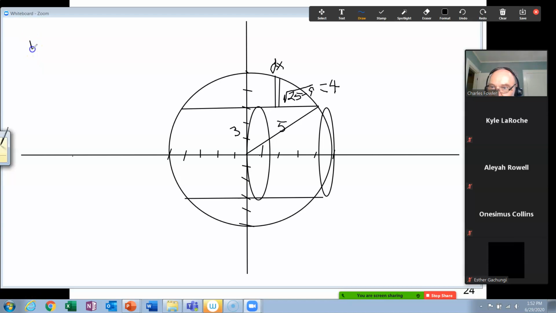The volume is equal to twice pi times the integral from 0 to 4. The outer thing here is the area of that circle, and if you're doing it in terms of x, which we are, this would be the square root of 25 minus x squared.